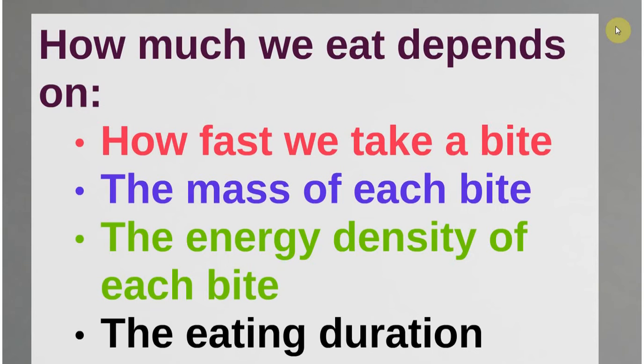And how long we eat. Those are the variables, if we want to break it down mathematically, that contribute to how much we eat. So understanding how quickly we eat, or how much mass is consumed per minute, those kinds of variables are important in this bigger picture of how much we eat in totality.